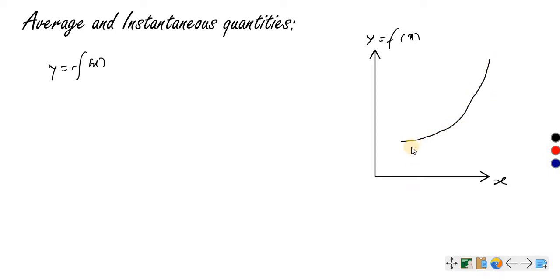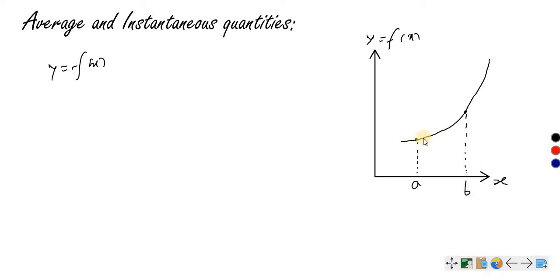This is the y axis, which is equal to f of x, and this is the x axis. Now suppose the function makes a graph of this type. We define two points: let this be a point on the x-axis, and let this be another point on the x-axis, b.